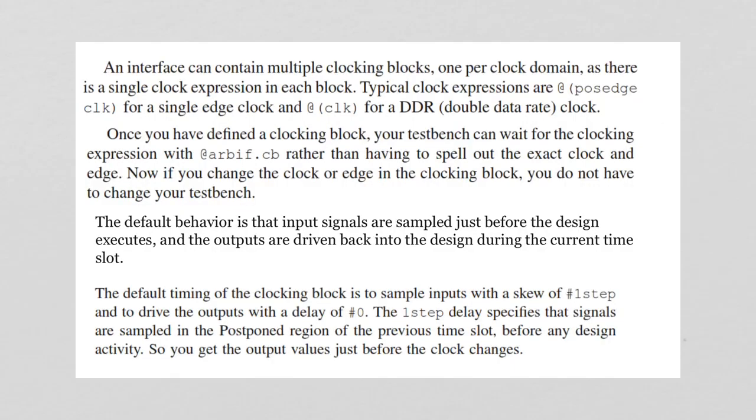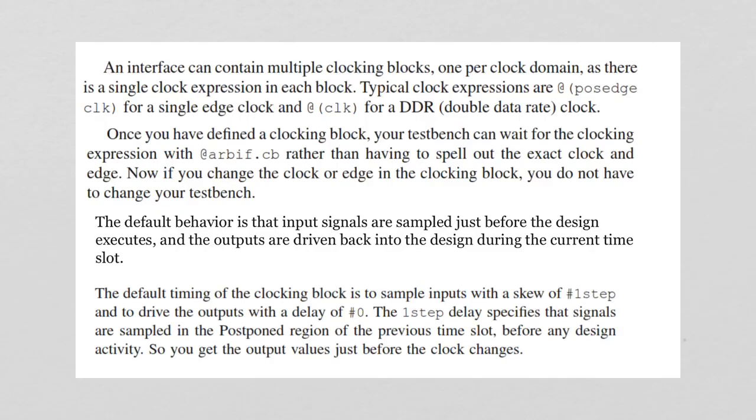Next, some more important points related to clocking blocks. If you are going with an interface, how many clocking blocks may it contain? Depending on the design, if your design is using 3 different clocks, it can have 3 different clocking blocks. There is no limitation on how many clocking blocks an interface can have. So the number of clocking blocks in an interface is equal to the number of clocks used in the DUT.